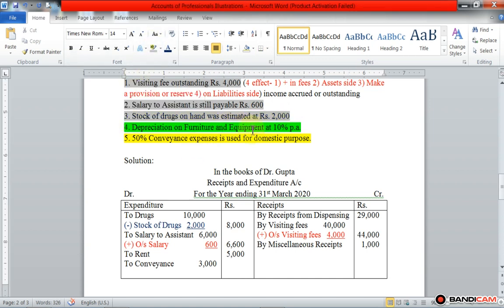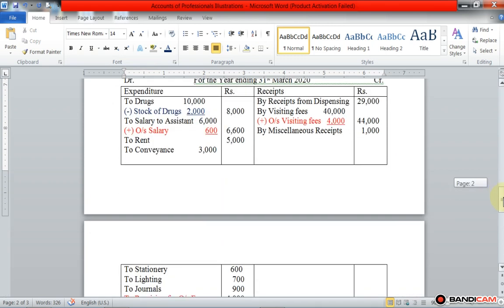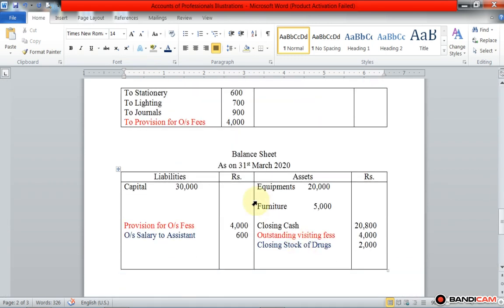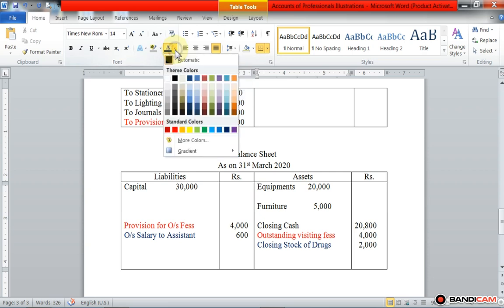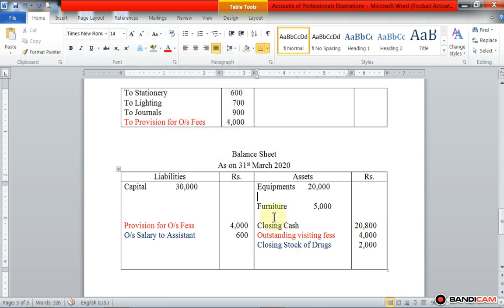Now we solve the fourth additional information, that is depreciation on furniture and equipments at the rate of 10% respectively. Here depreciation is deducted from that asset, so less 10% depreciation amounted to rupees 2000.